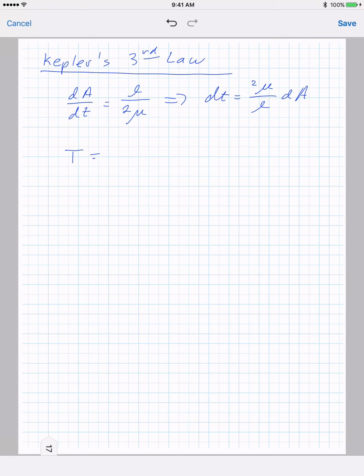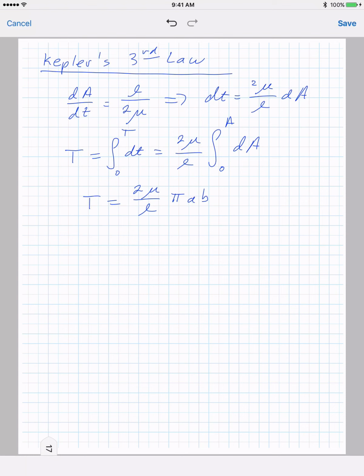So the period is the integral over the period of dt, and that is equal to 2 mu over L times the integral over the area of the ellipse of dA. Well, that actually turns out to be easy because T is then equal to 2 mu over L times the area of an ellipse, which is just pi AB.